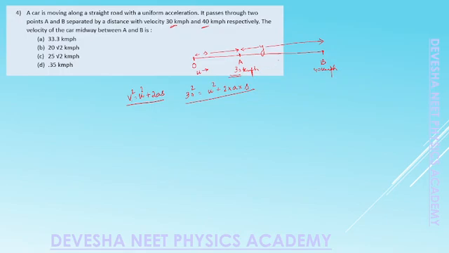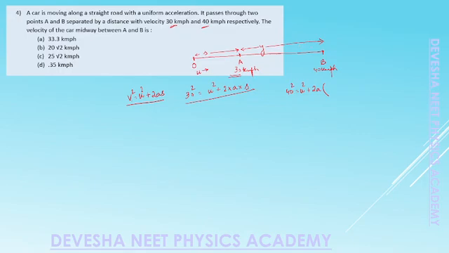Now, what about the 40? When do we attain 40? So 40 square is equal to U square plus 2A, and now what is the distance traveled? It is the distance S plus y.